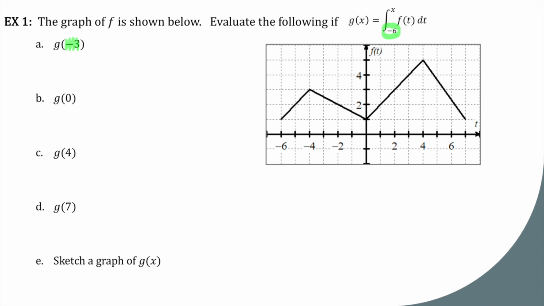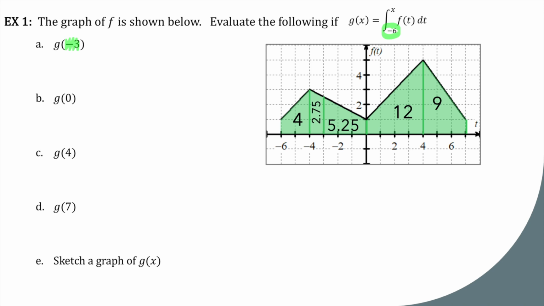So first thing we have to do is put some areas in here, which I'll do for you. So between -6 and -4, there's a trapezoid there with an area of 4. And then that little sliver is 2.75. And then the next trapezoid is 5.25. And then up until 4, we have a trapezoid with area of 12. And then 4 to 7, we have a trapezoid with an area of 9.